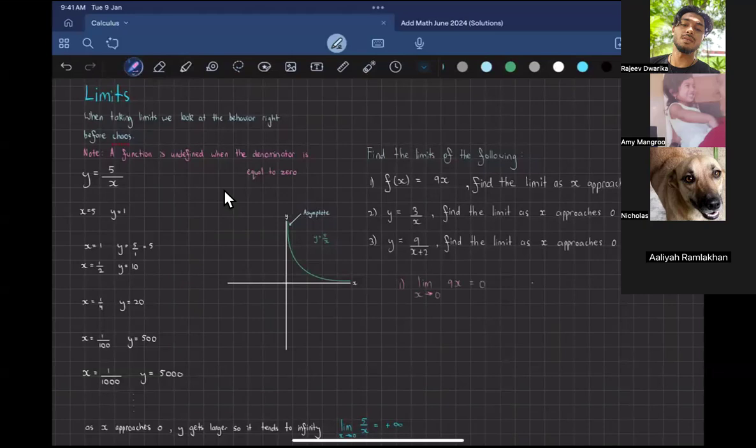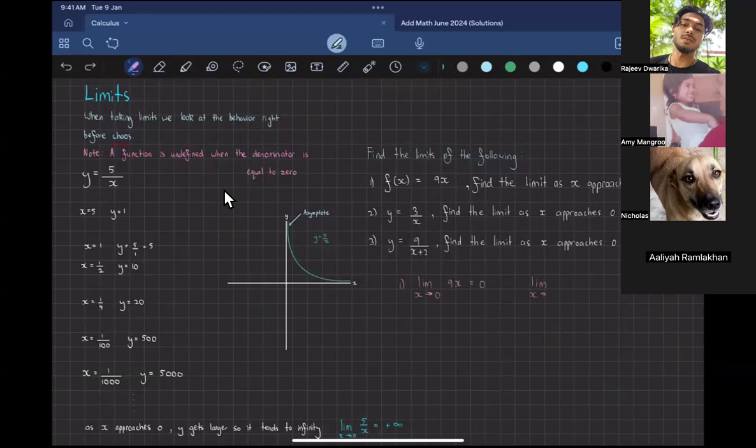For the other part, they would say limit as x approaches infinity. Think about it. If x is a million, what's 9 by a million? If x approaches infinity, meaning that x is getting bigger and bigger and bigger.